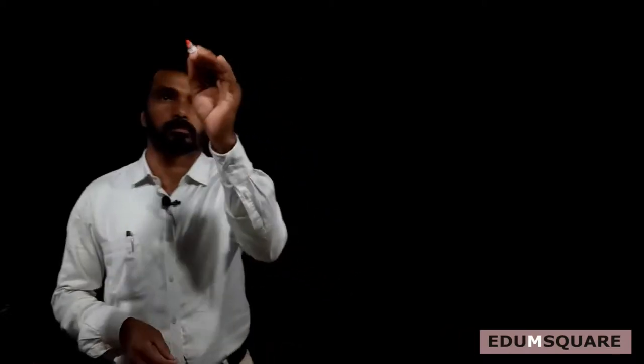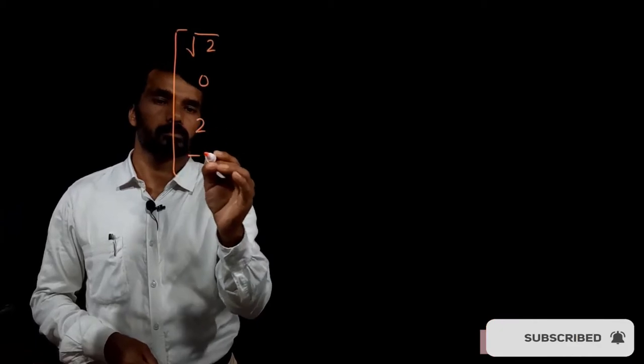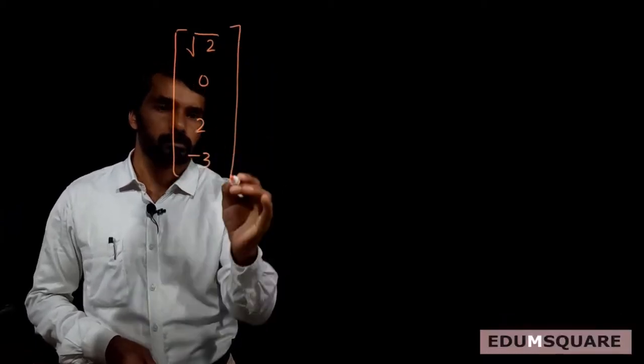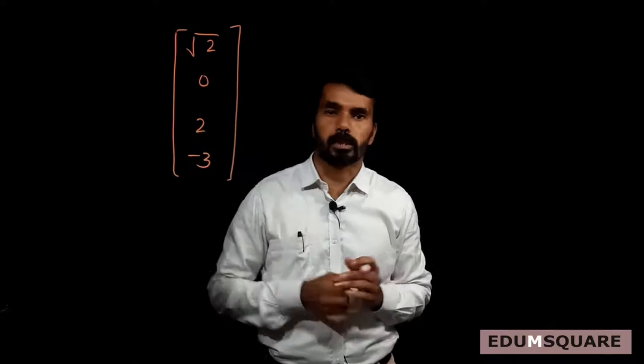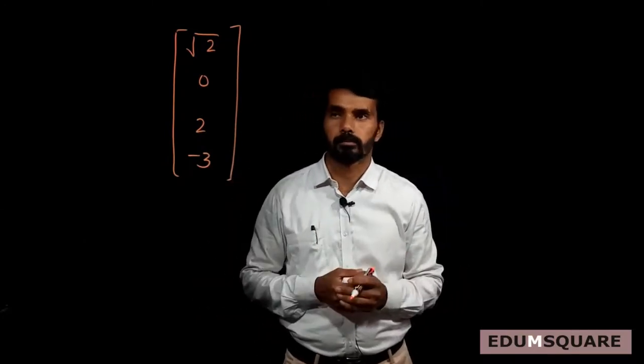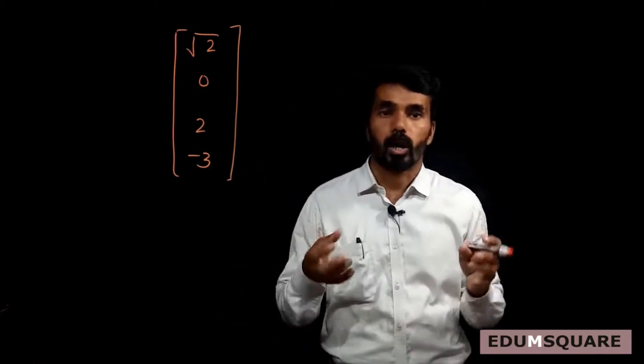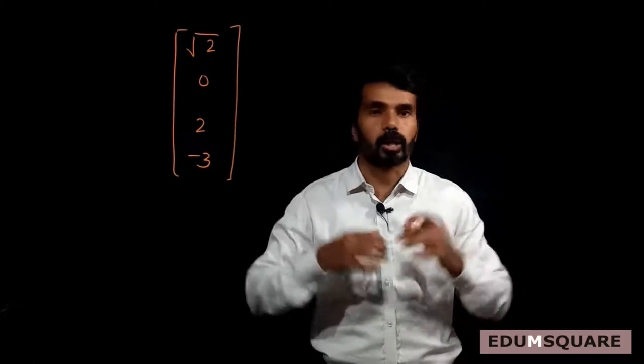Let us consider one matrix. Consider this matrix. Tell me, what is the order of this matrix? Yes, to say the order, we need to know how many rows and how many columns there are.